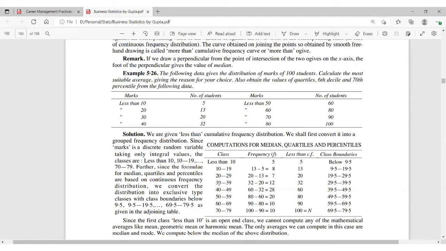Difference is 1. So what we do, in the lower limit we subtract whatever the difference divided by 2. 1 divided by 2 is 0.5. Okay. So in the lower limit, subtract 0.5.